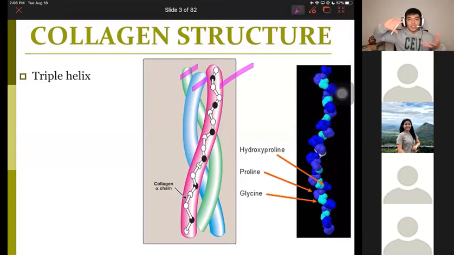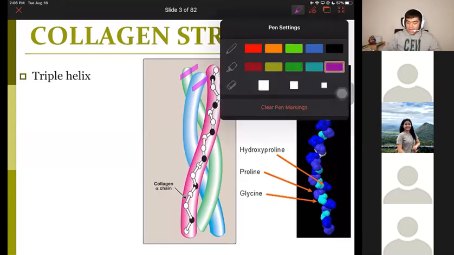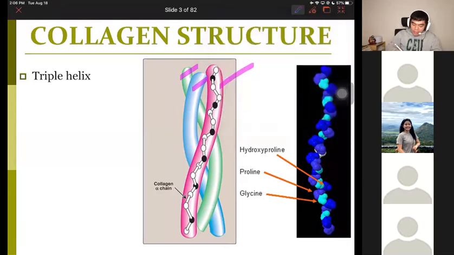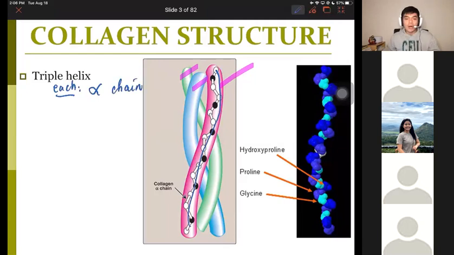Tatlong piraso na nag-helix, okay? Nag-ikutan sila. Ang tawag natin sa individual chain na nakahelix ay alpha chain.